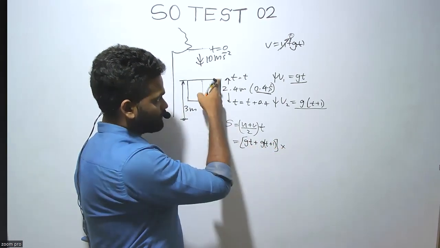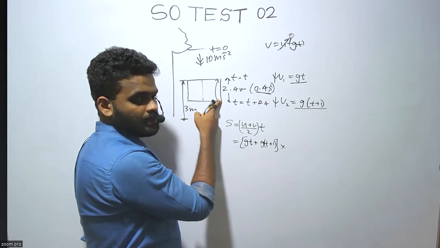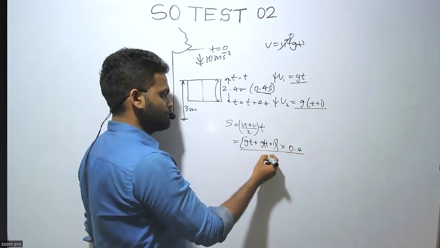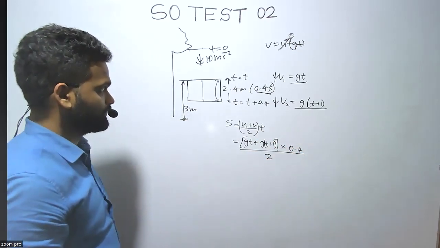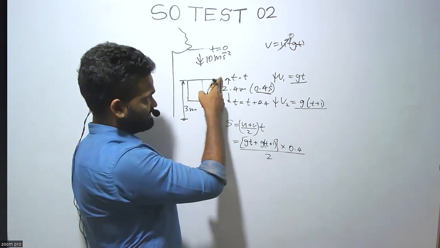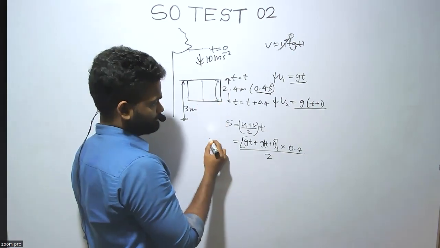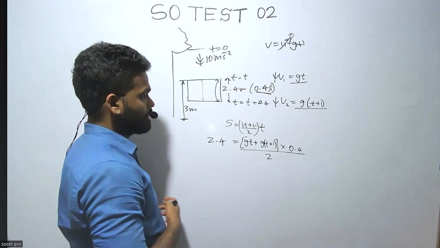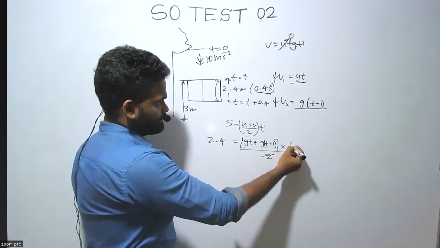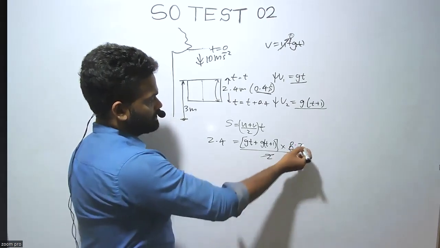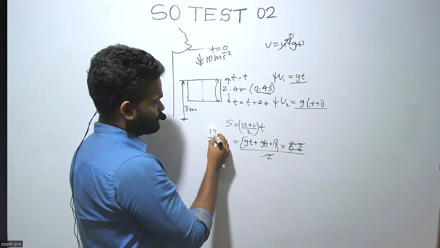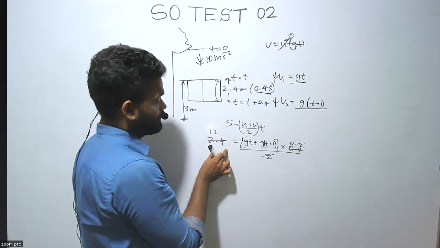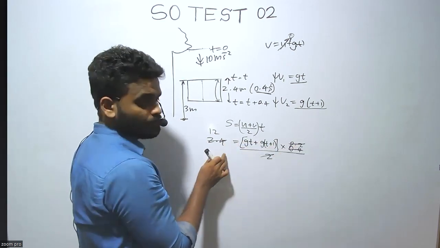What is the time from here to here? Time is 0.4 seconds. Divide by 2, and then this distance is given as 2.4. Then I'll just divide by 0.2. If you divide 2.4 by 0.2, 24 divided by 2, that is 12.